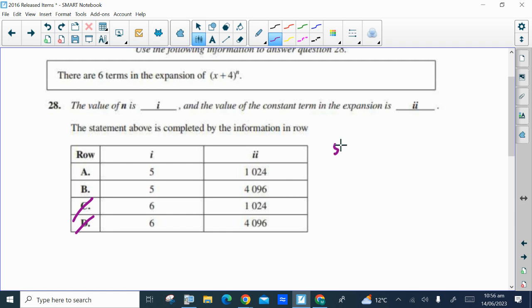And that will be 5C0. So the value of k, not 5C0, sorry, 5C5. Let me change that. 5C5, x to the 5 minus 5 times 4 to the power 5. 5C5 is 1 times x to the 0 times 4 to the 5th.